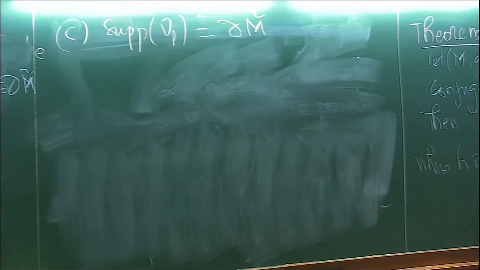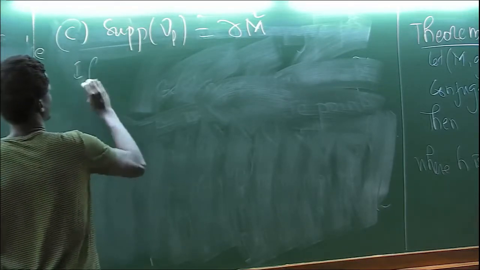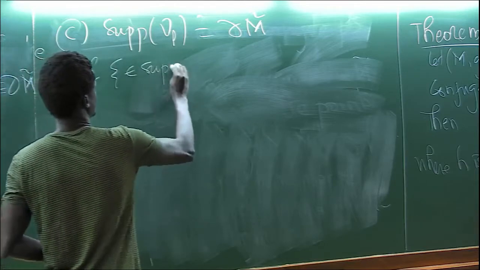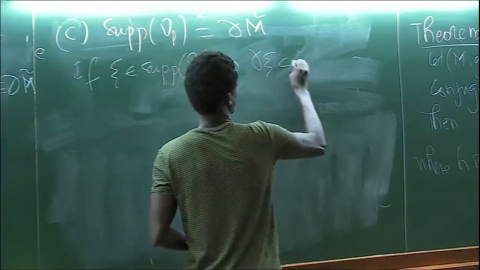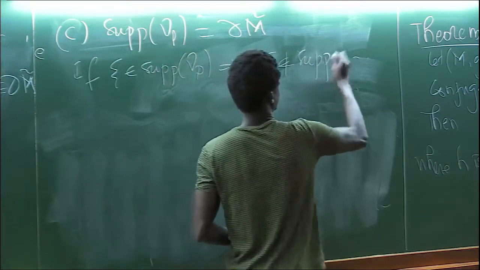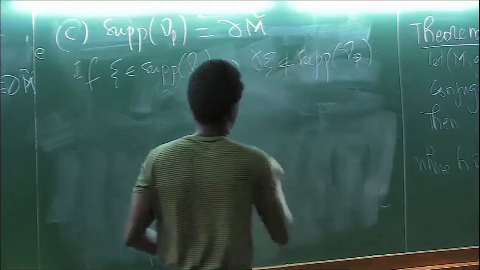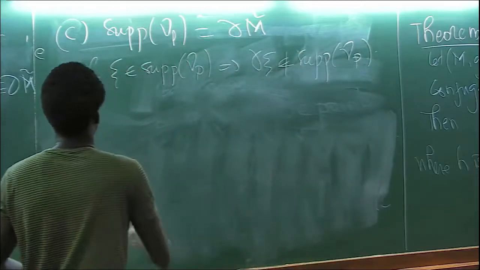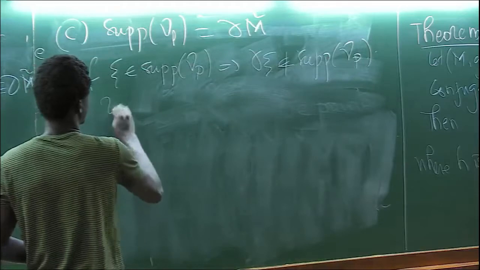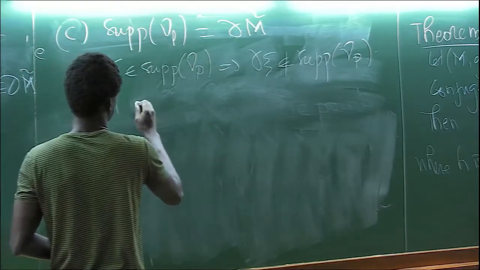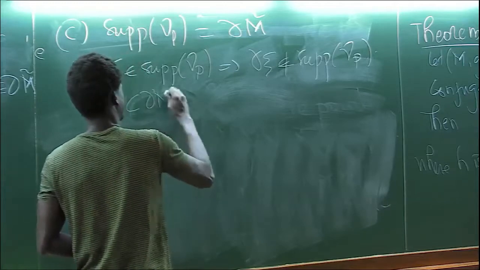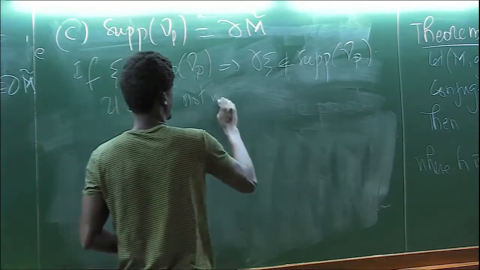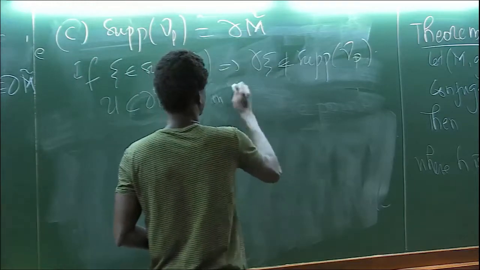To see it is not very difficult, because if psi is not in the support of nu_p, then gamma psi is also not in the support. This you have by gamma equivariance. For instance, if you have a point in the boundary not in the support of nu_p, then gamma times it is also not in the support.